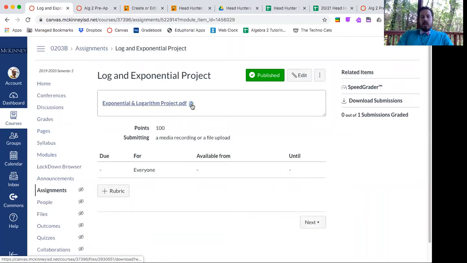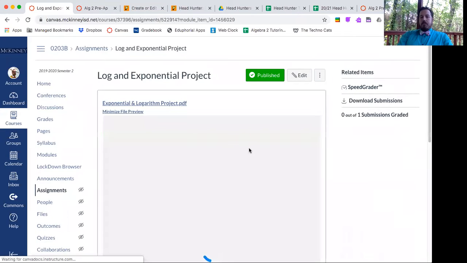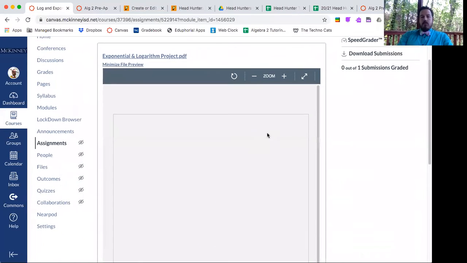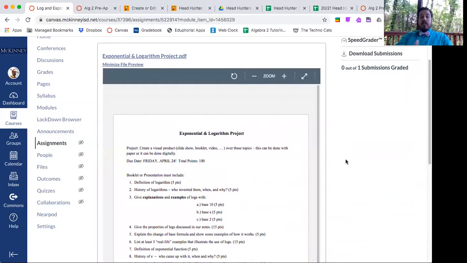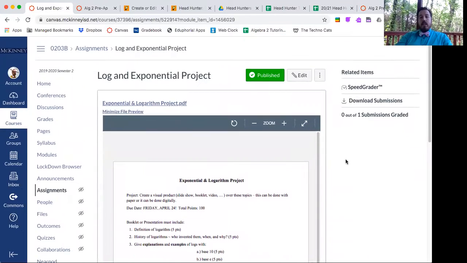Here you'll find all the information about it, and what is expected in this presentation, in this project. And again, you could make a PowerPoint. You could decide that you're just going to write it all out, take pictures of it, and submit it that way. This is the same type of submission as your daily notes pictures.